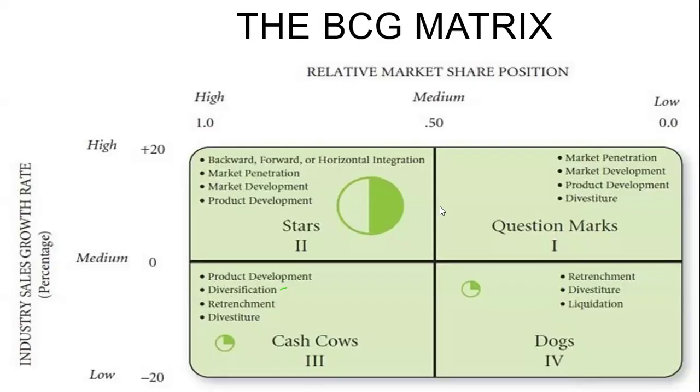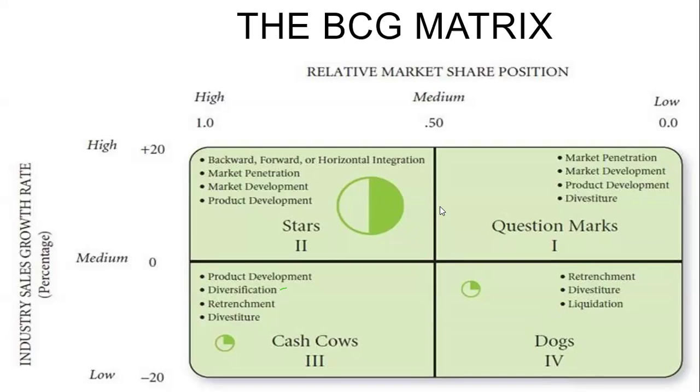Stars simply is, when we say a particular division or a product is the star of the organization or is the star of the parent company, the interpretation is that that particular product commands high market growth rates.